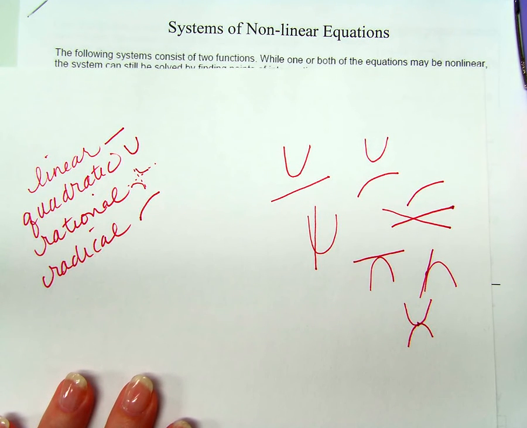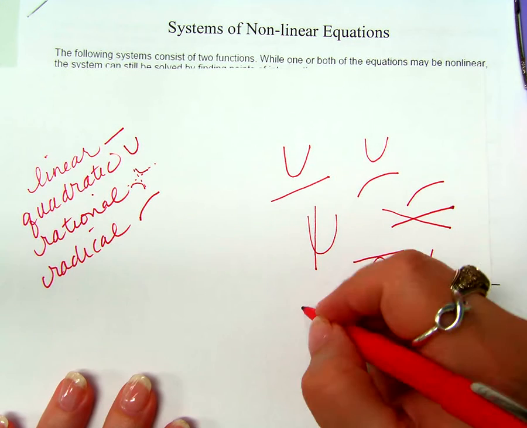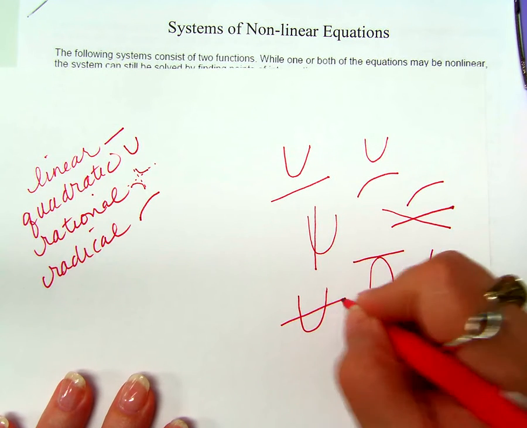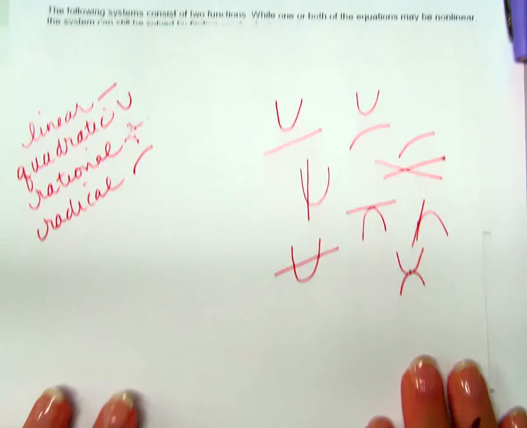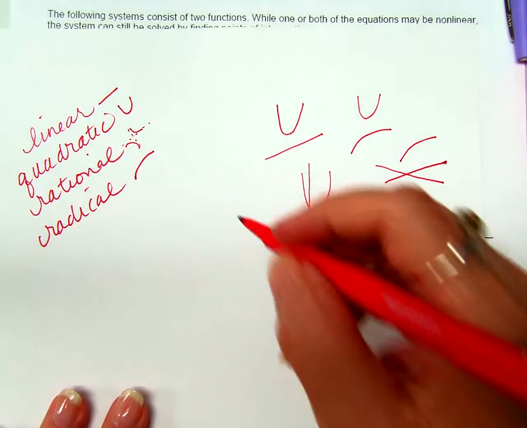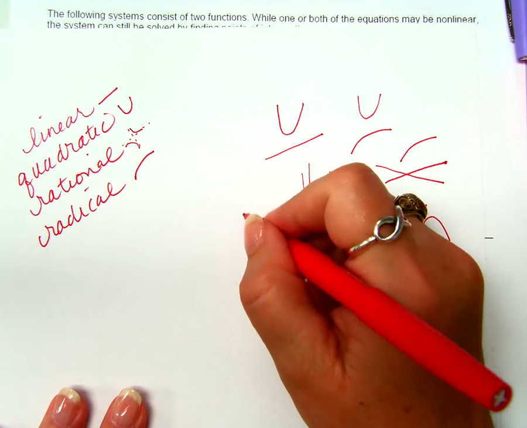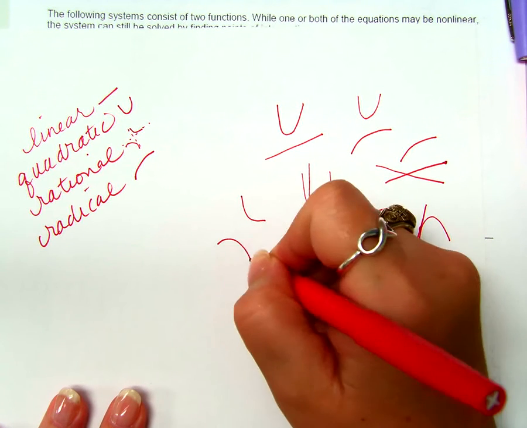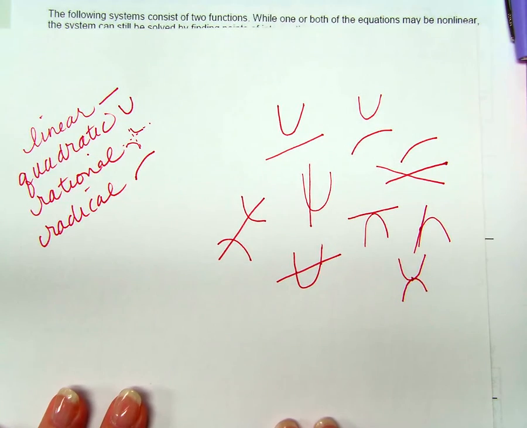What about 2? 2 solutions. Oh, okay, parabola and a line through. So 1, 2 solutions. Good. A rational and a line. Yeah? Rational and a line like that. Right?